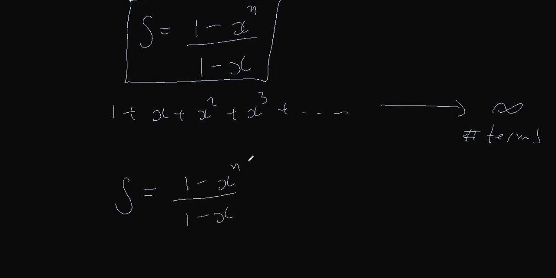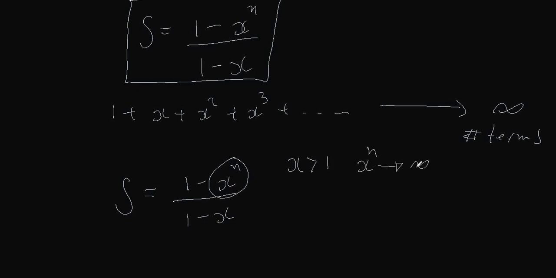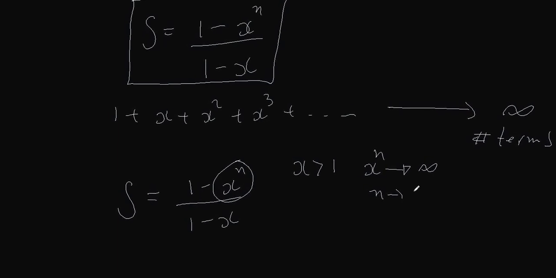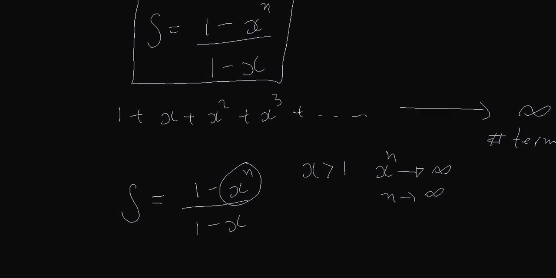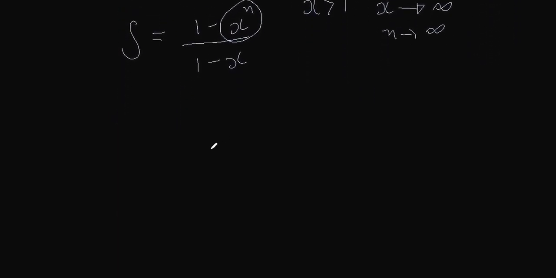So in order for this sum to be finite, the only thing that depends on n is this term x to the n. If x is greater than 1, then x to the n goes to infinity as n goes to infinity. So the only chance we have for this sum to converge is if x is between minus 1 and 1.